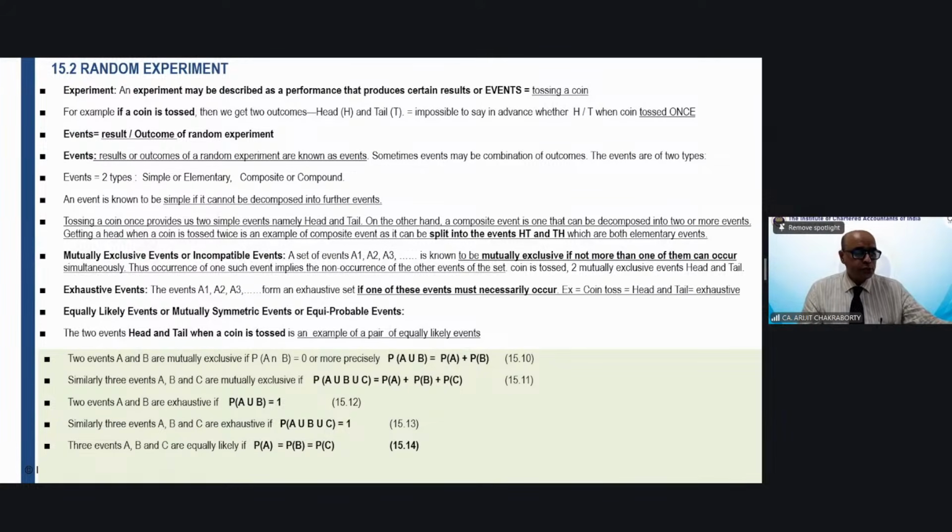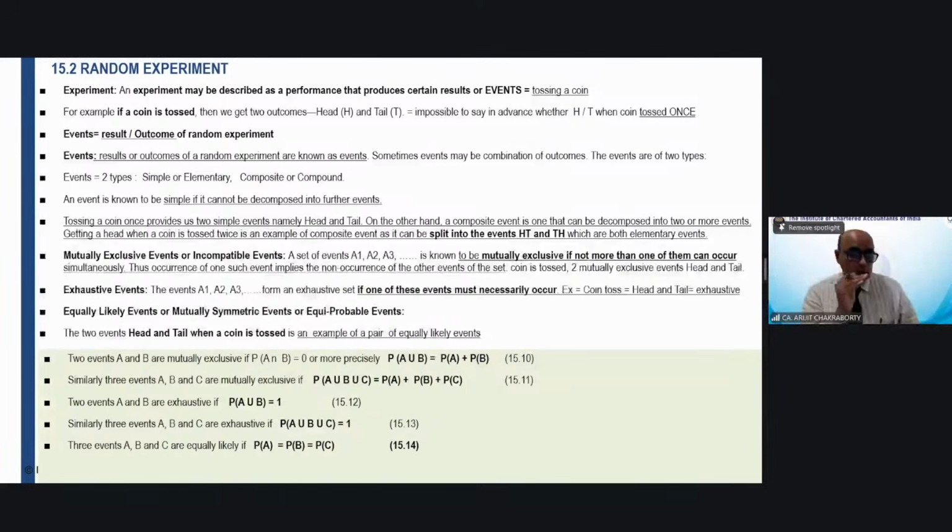Then we proceeded to discuss the formula for exhaustive events. And finally, if there are three events, A, B, and C, which are equally likely, then we can say that the probability of A has to be equal to the probability of B, and this will be equal again to the probability of event C. And this is shown in 15.14 on the slide.